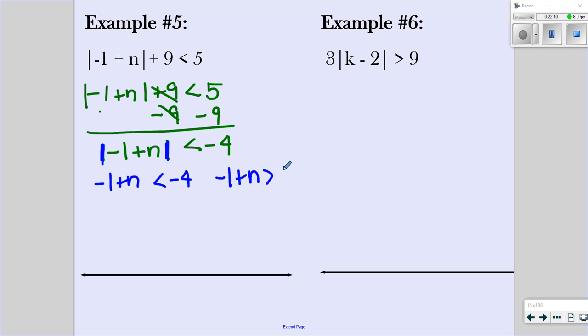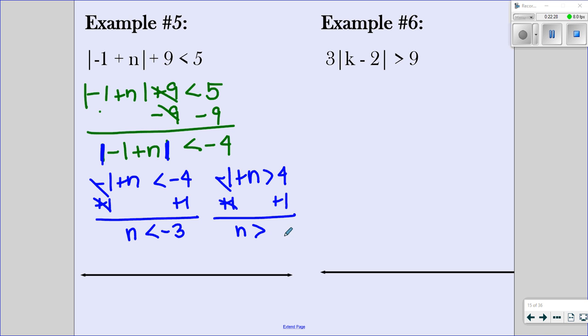So this one flips and this becomes a 4. Because we know that one of them has to be positive and the other one has to be negative. So let's see what happens just out of curiosity. So that cancels out, and this will be negative 3. And then this one will be positive, and this will become 5.